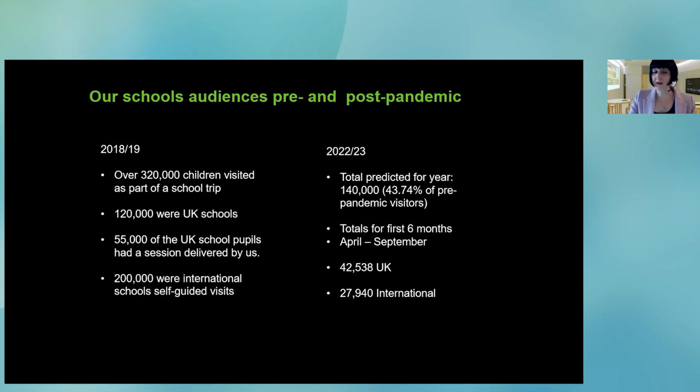So it's not back to pre-pandemic levels, but we are seeing a return of our schools, and we very much look forward in the future to having our Chinese visitors back, and Japanese visitors, for instance. Internationally, we're getting a lot of European visitors and American visitors. So yeah, we're very much looking forward to the rest of the world coming back.